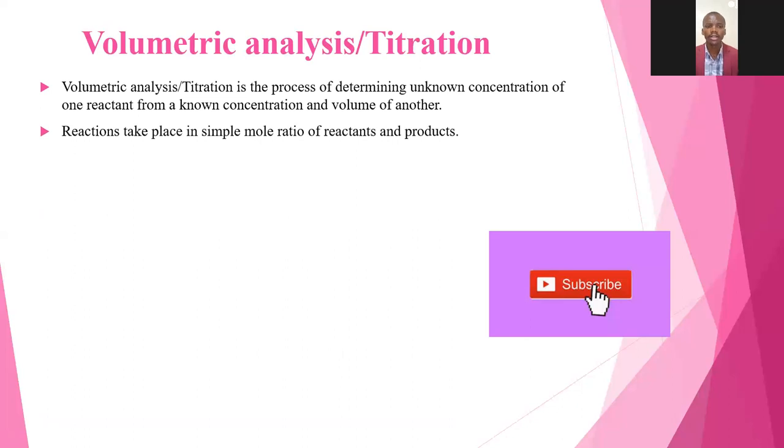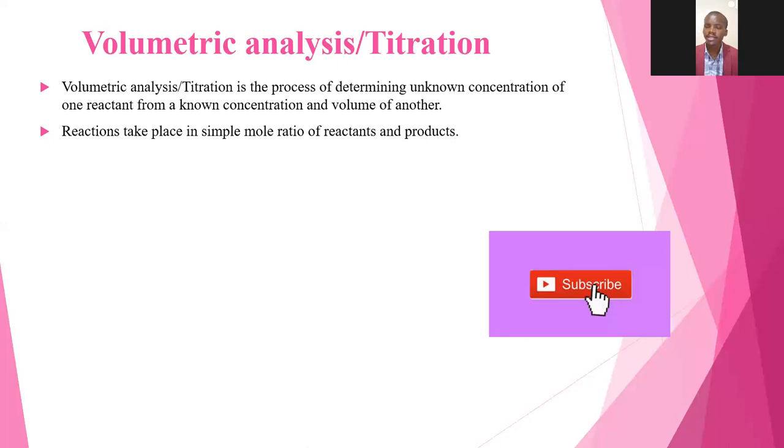Then the reaction takes place in a simple mole ratio of reactants and products. If you are provided with a solution A, and that solution A is sodium hydroxide, and another one is hydrochloric acid, then these two solutions will react to liberate some products.